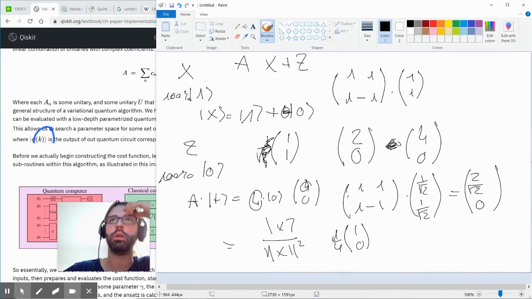Maybe I should normalize that as well. So maybe for this to work out, I should actually normalize B. And so I should try to basically implement. But that's not a unitary. That's not a valid state, is it?